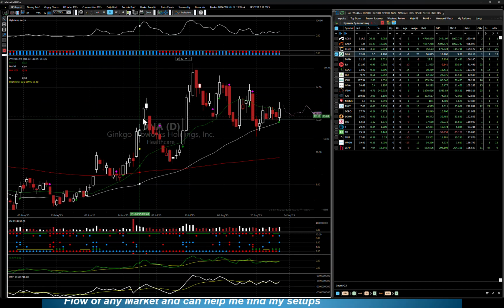A white candle tells me it's a positive day. So open white means it closed up here, it opened here, and it was positive on the day. A closed candle tells me the open was above the close. But since it's white, it was still up on the day 0.5%.